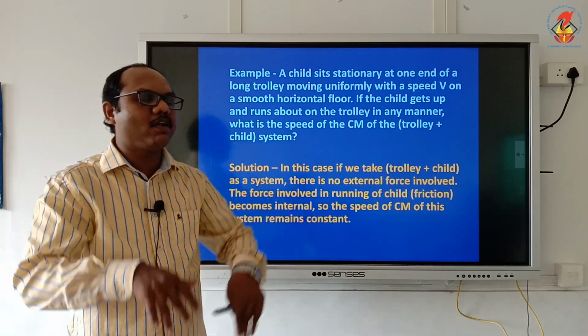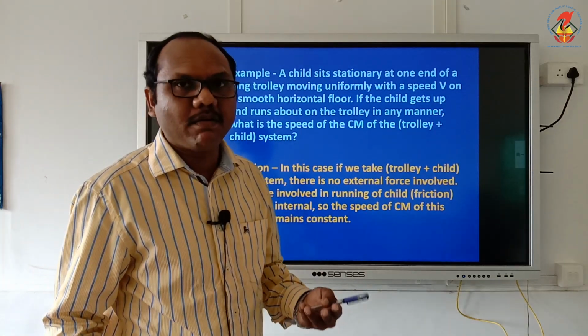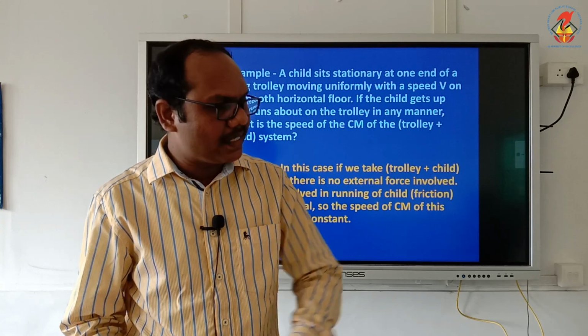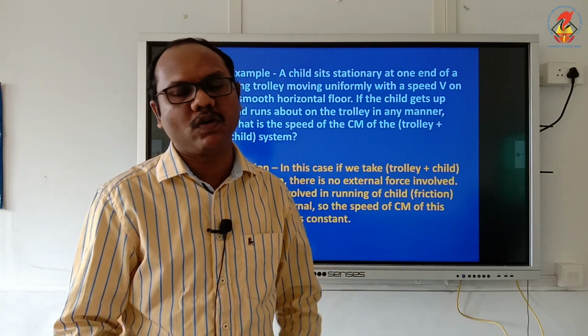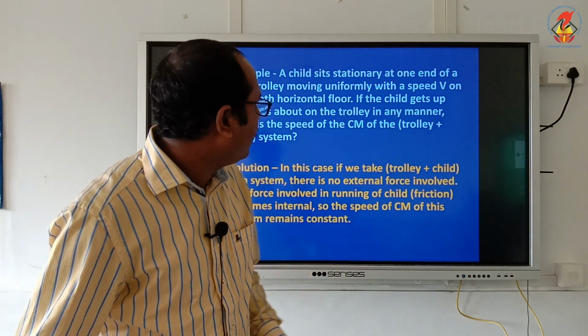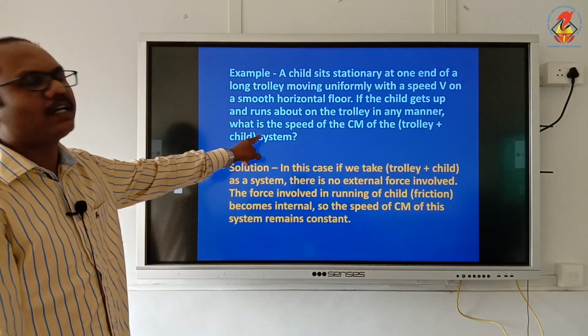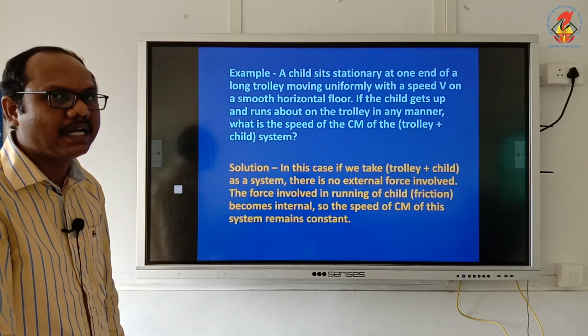The trolley is moving with the same velocity. After some time, what is happening? The child is standing and the child is running in any direction, at any speed, inside the trolley. What will happen to the speed of the center of mass of the trolley plus child system?